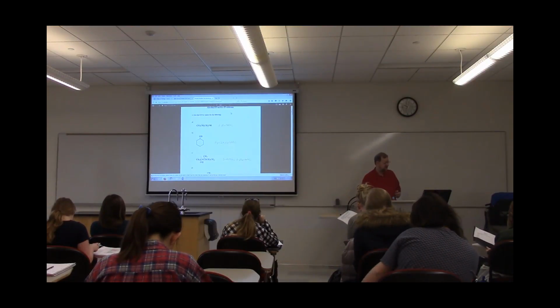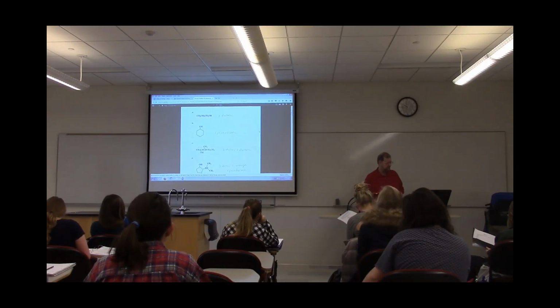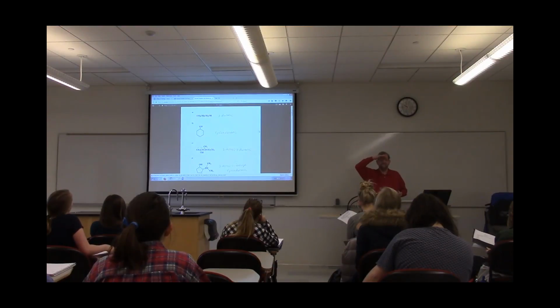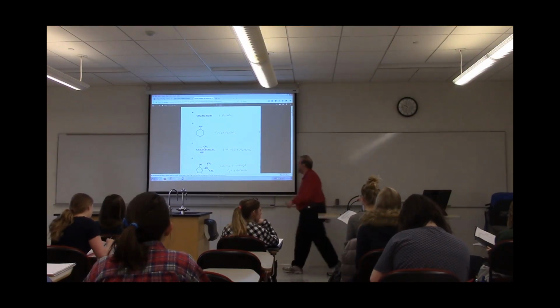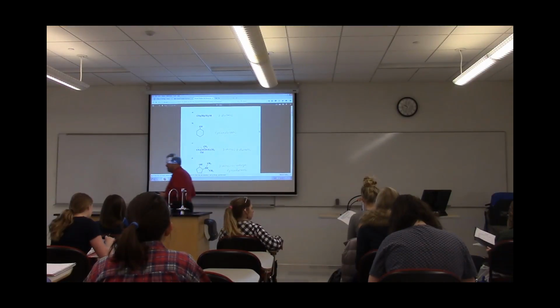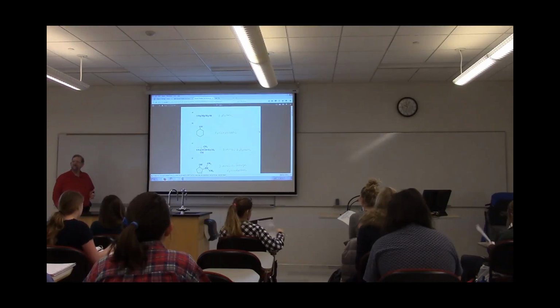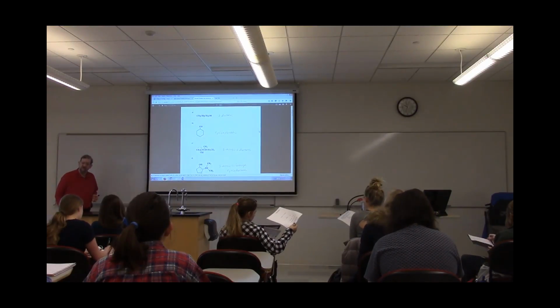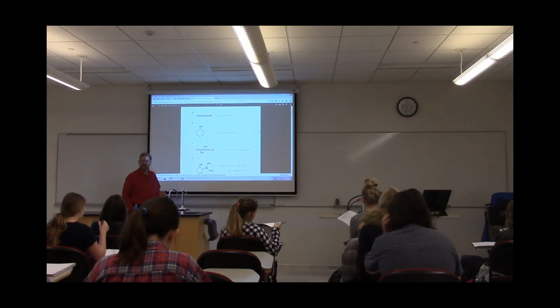First page, give the IUPAC names for the following, A, B, C, or D. Let's look at C. When you're naming any organic molecule, the first thing to do is look for something different. It's not carbon or hydrogen. It's usually a good place to start. Also, it's not a carbon-carbon single bond.